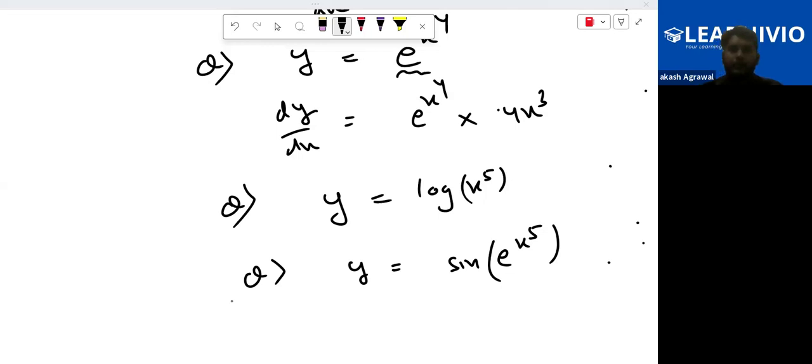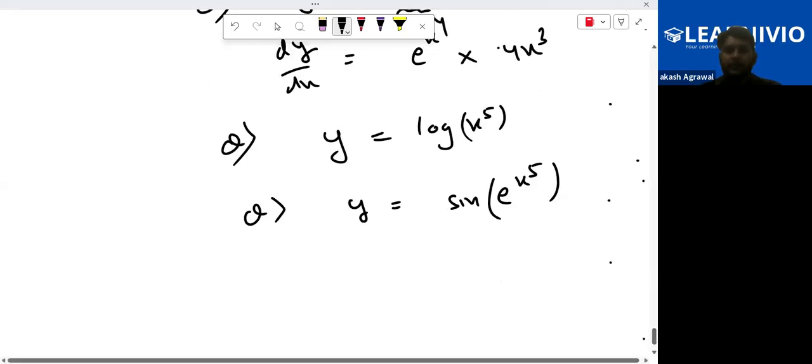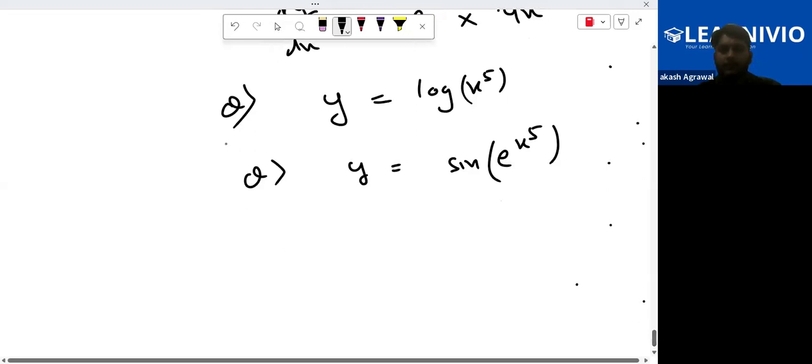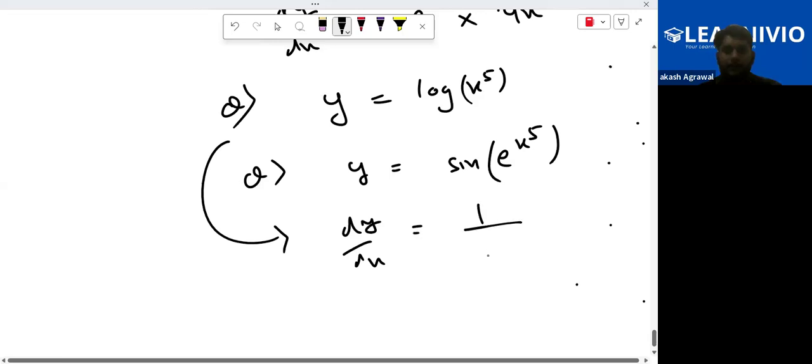Okay, got it? Both of the answers. Yes, sir. The first one is x to the power 5, so 5 x to the power 4 by x to the power 5, which is 5 by x. Very good.